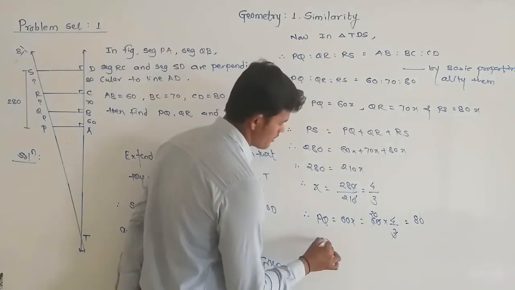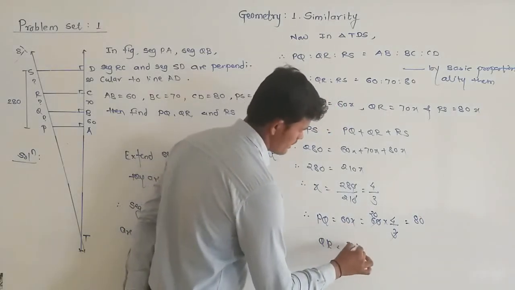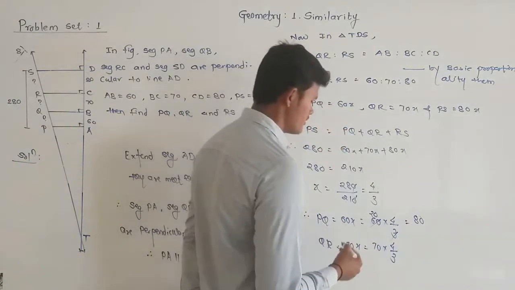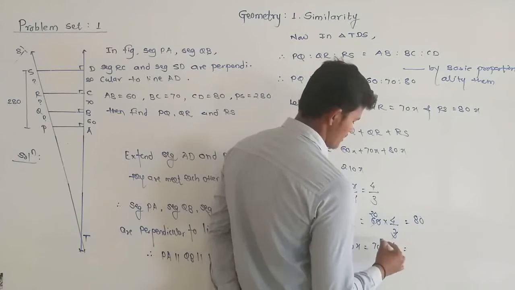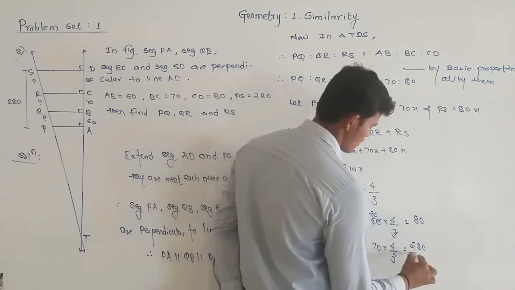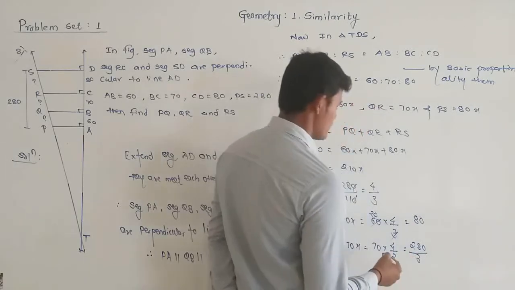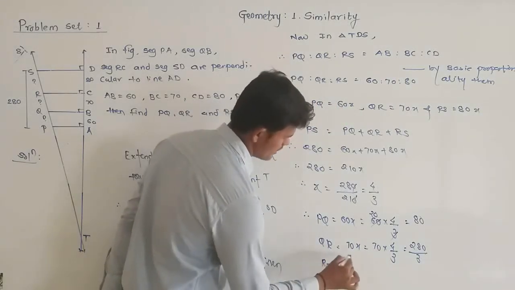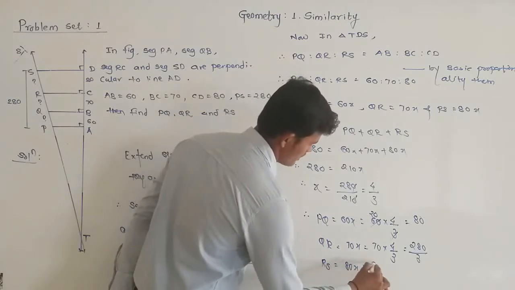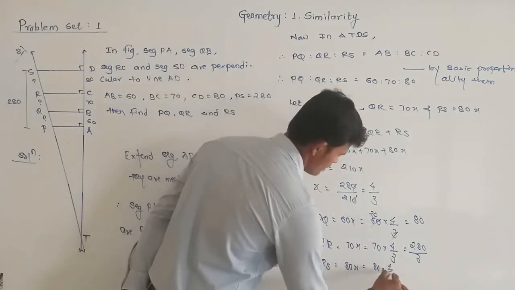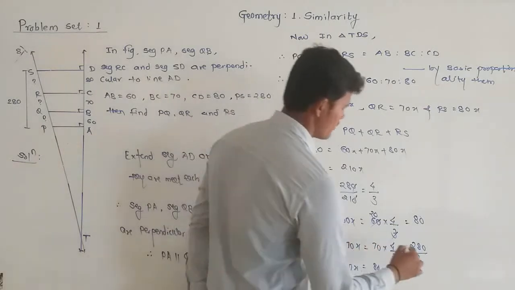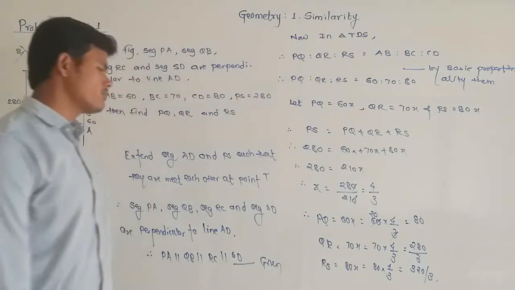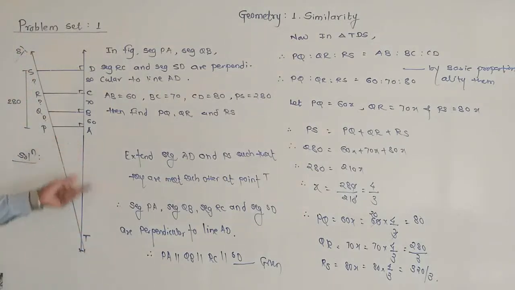Length of QR is 70x, so 70 into 4 upon 3, we get 280 divided by 3. And length of RS is 80x, so 80 into 4 upon 3, we get 320 upon 3. So these are the lengths of PQ, QR and RS.